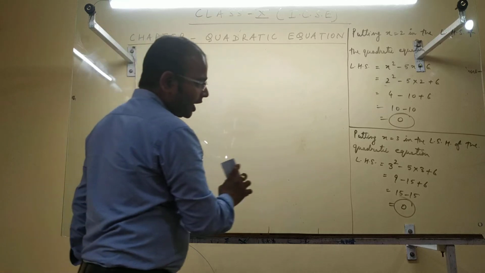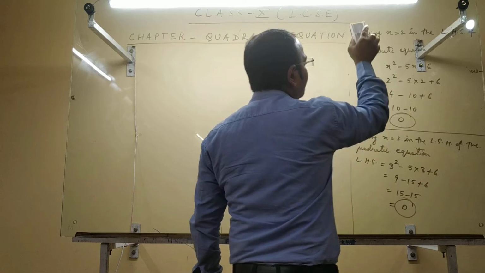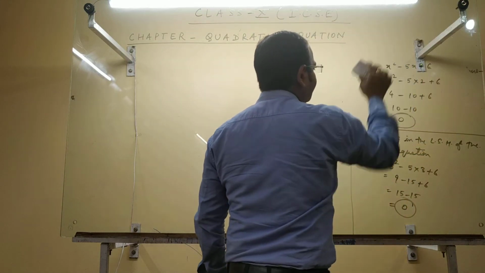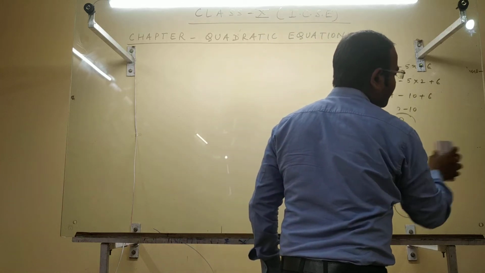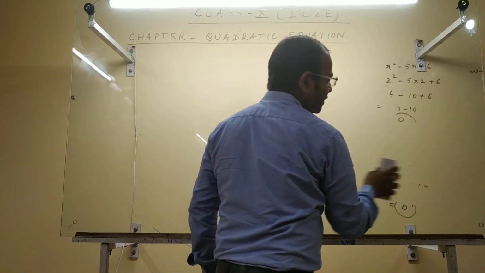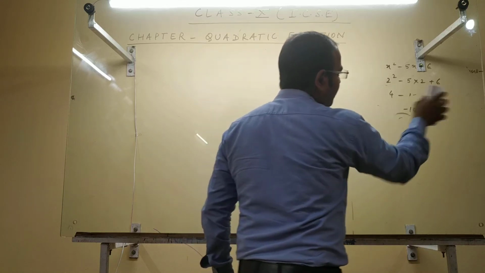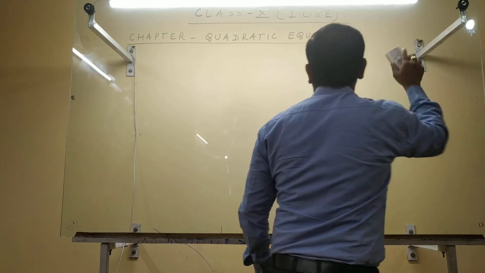The first and very simple method is solution of a quadratic equation by factorization method. Whenever you learn about factorization in algebra, you have used this technique. So, we will use the same technique of factorization to find out the roots of the quadratic equation.